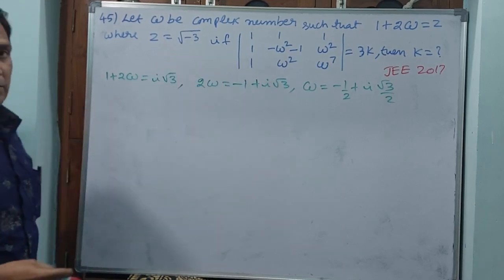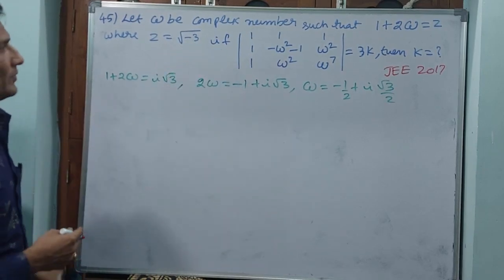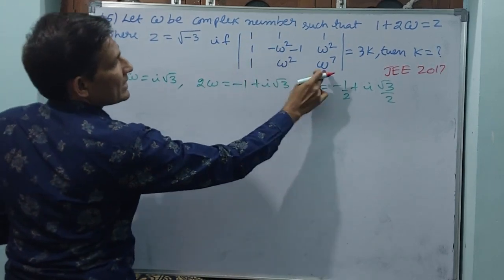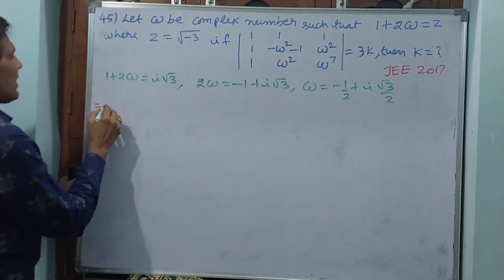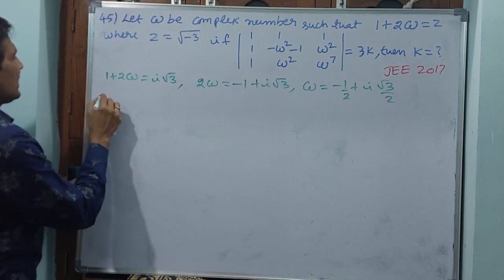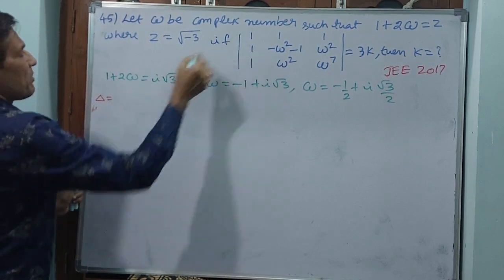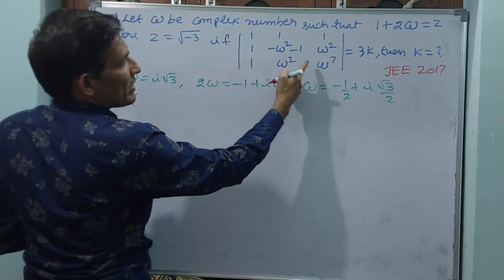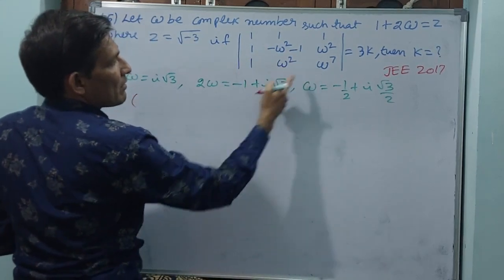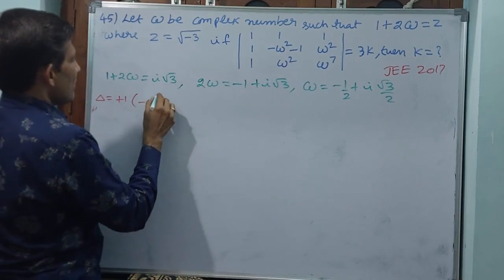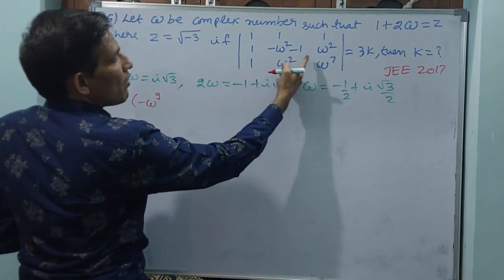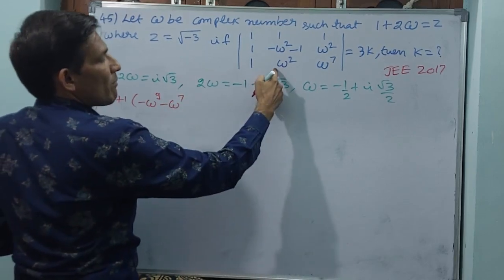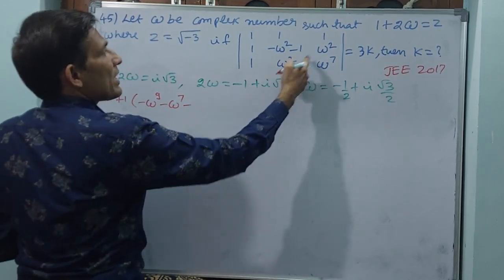Now go for this determinant. Determinant you solve and see what you are going to get. Determinant, or delta, I am writing. Delta is equal to plus 1 into minus omega square minus omega to the power of 9, minus 1 minus omega to the power of 7 minus omega to the power of 4.